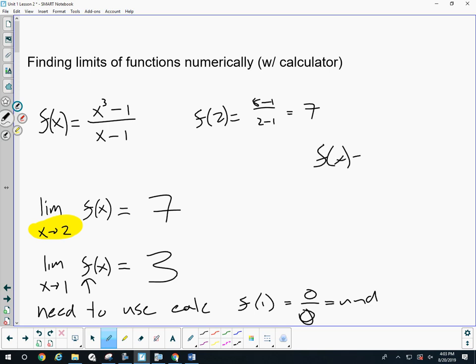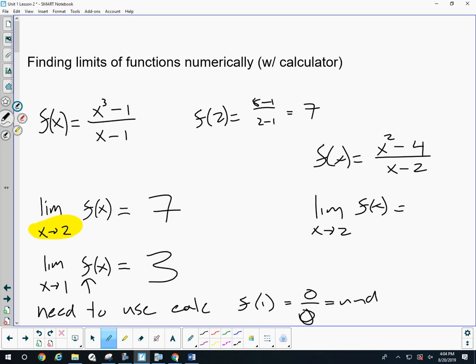F of x equals x squared minus 4 over x minus 2. Find the limit as x approaches 2 for this function. Go. Did any of you try to plug in 2 first?